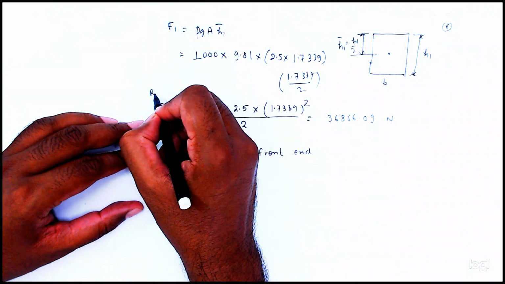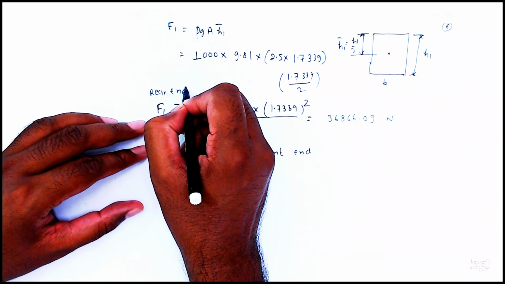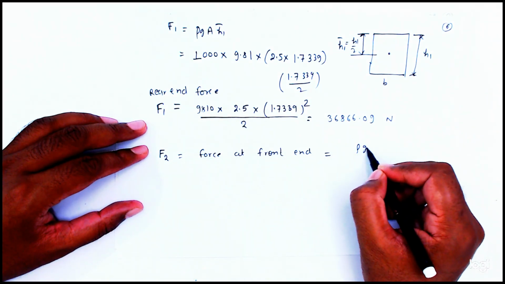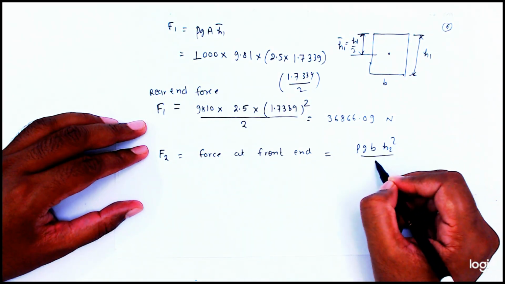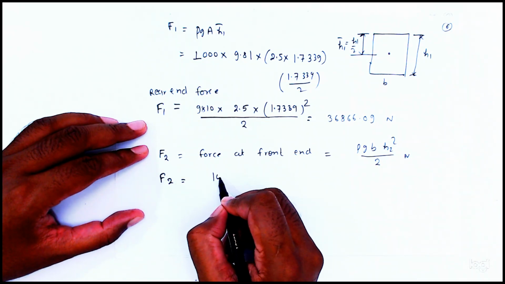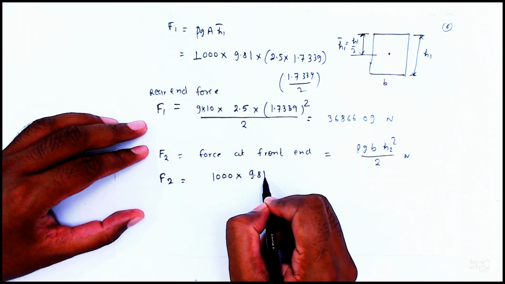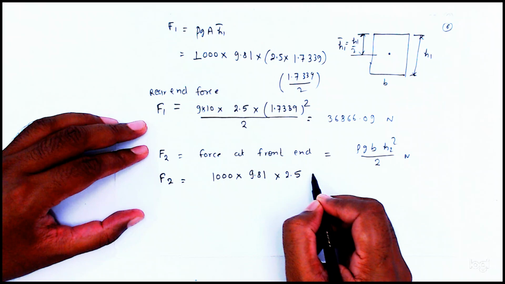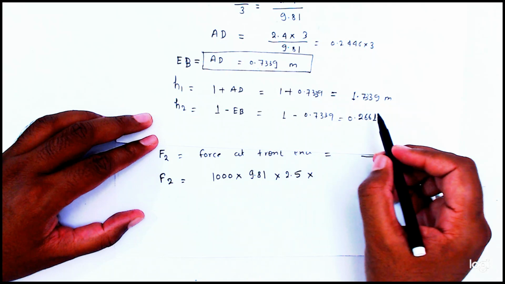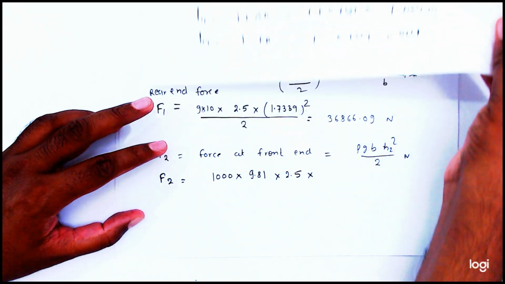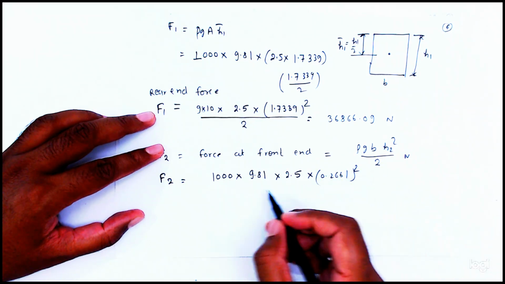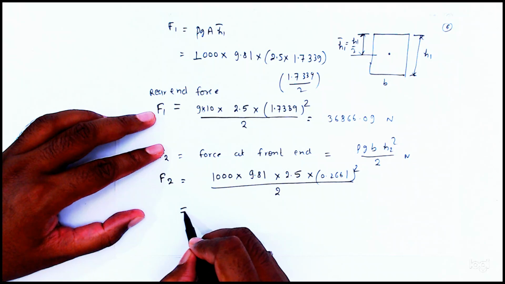This is the rear end force. So front end, same, friends, rho g b H2 square by 2 Newton. So F2 equal to, we'll put directly here, 1000 into 9.81 into 2.5 into H2 value, which is 0.2661 whole square divided by 2.